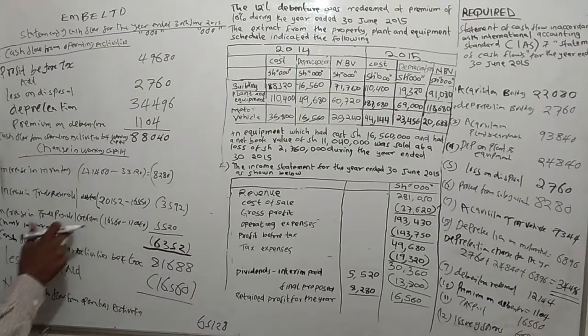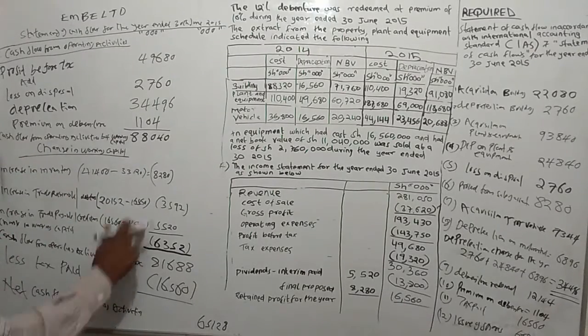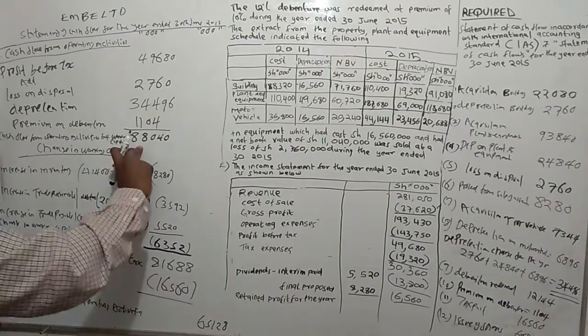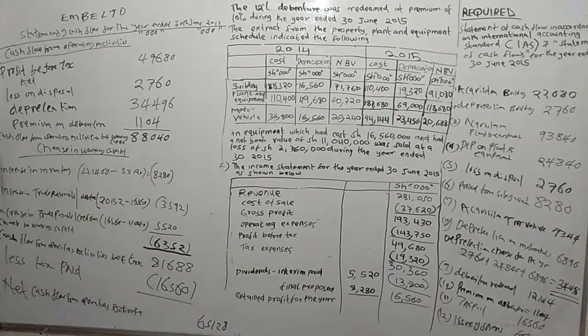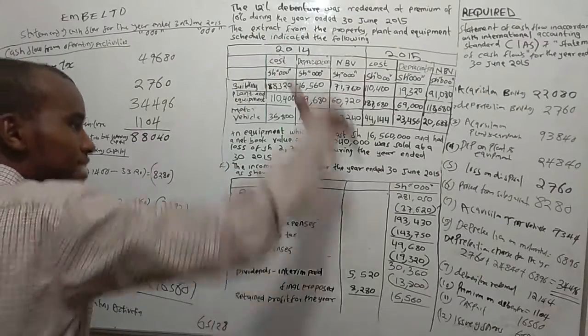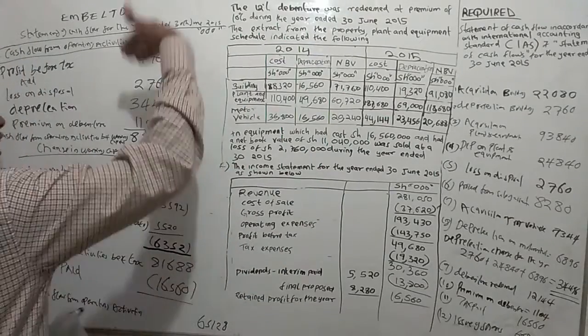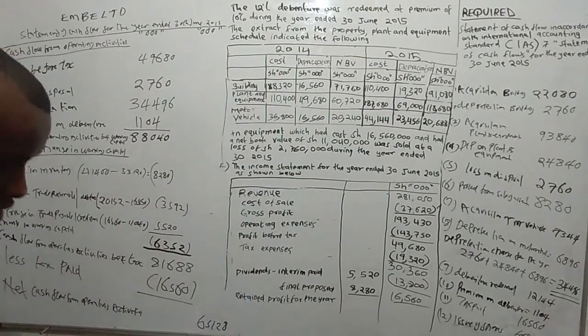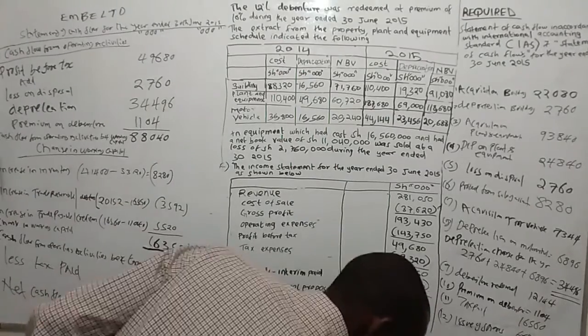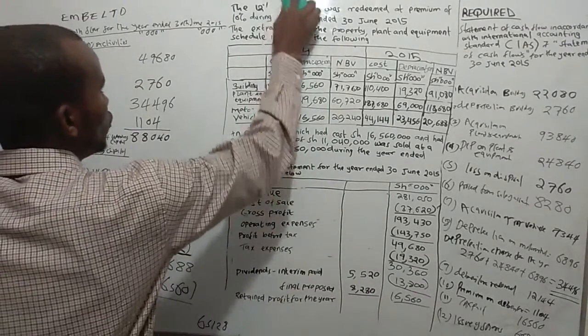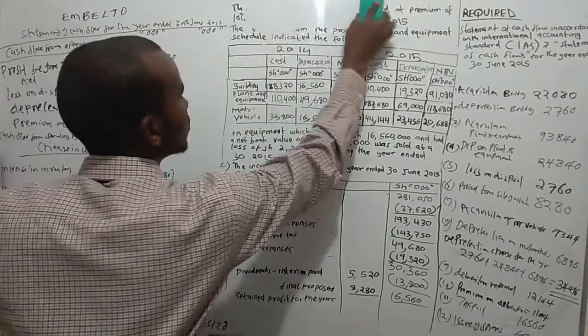Then we subtract tax, and we get the net cash flow, which is 65,128. Now allow me to wrap this side so that I show the cash flow from the investing activities.